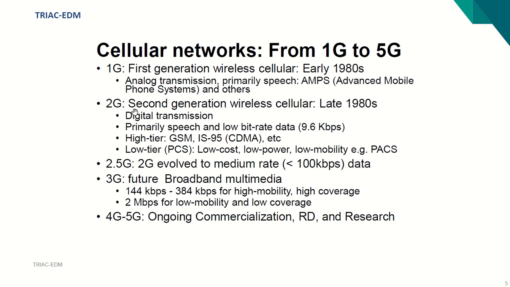And then the second generation, in the 80s to 90s, was digital transmission. When it goes digital, we can talk about its data rate in bps. As you can see, the first generation cell phone doesn't specify the data rate because it's an analog system.